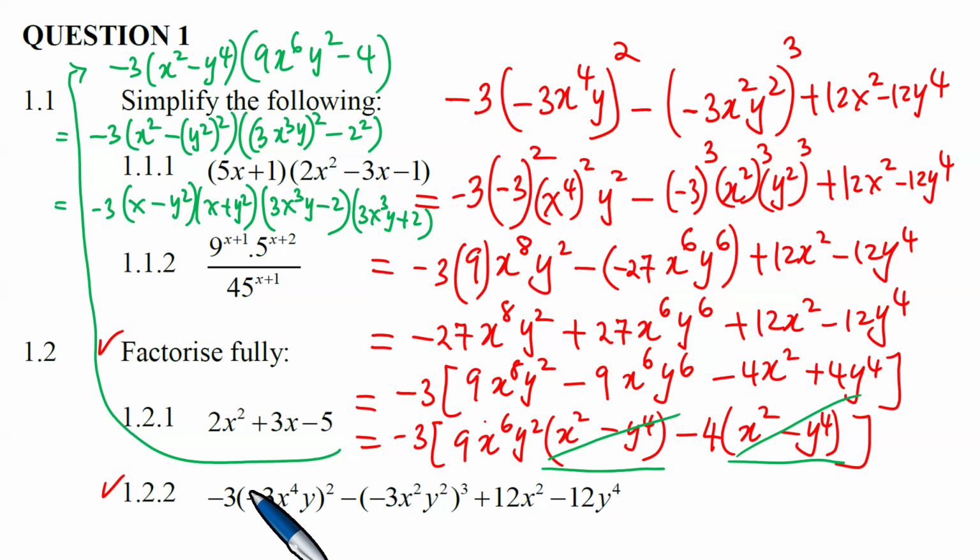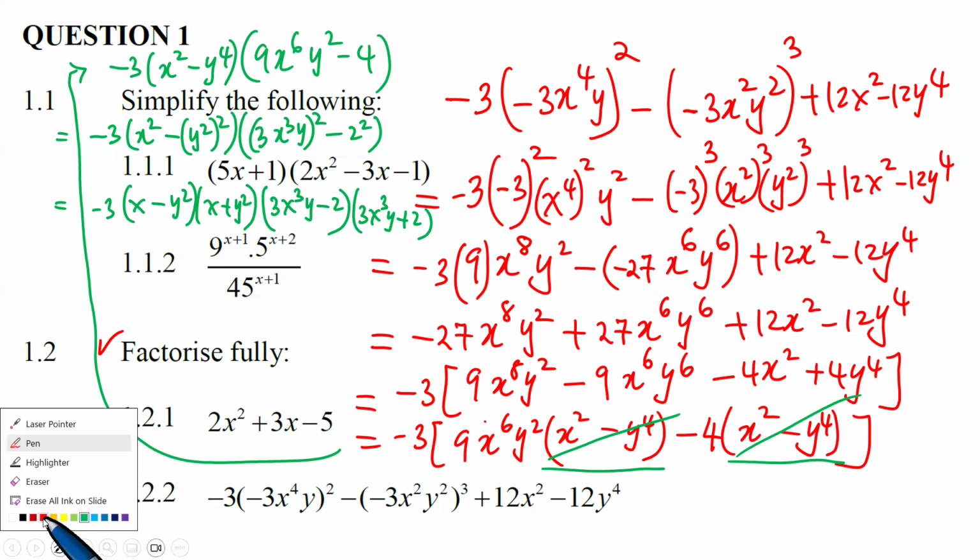And this is the final answer. So what is the final answer? This final answer can be written in so many ways, right? So we continue to deal with this one here. And this means the following.